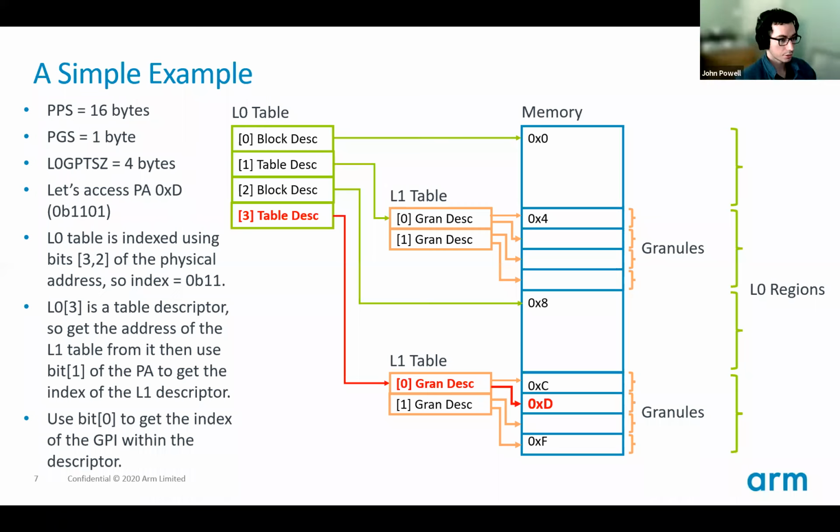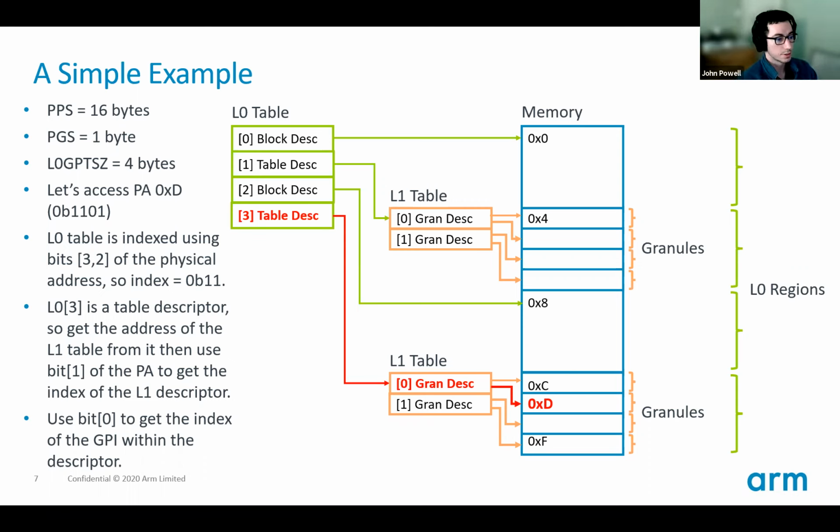Yeah, the real architecture of granule descriptor is 64 bits, so you have 16 total GPIs, but in this small example, it's just 1 byte each, so you only have 2. So in a real system, the index bits would be much larger, but otherwise it's essentially representative.